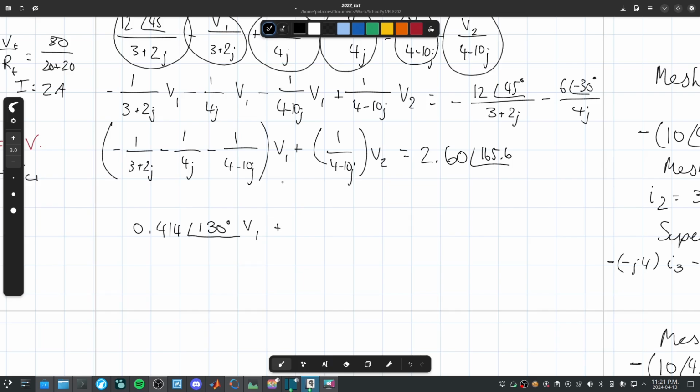You can mix and match how you want, but I feel like usually it's better to put it into one form. That's just my opinion. You will get the exact same answer with a phase angle of 68 degrees. V2 is equal to 2.60 with a phase angle of 165.6 degrees.